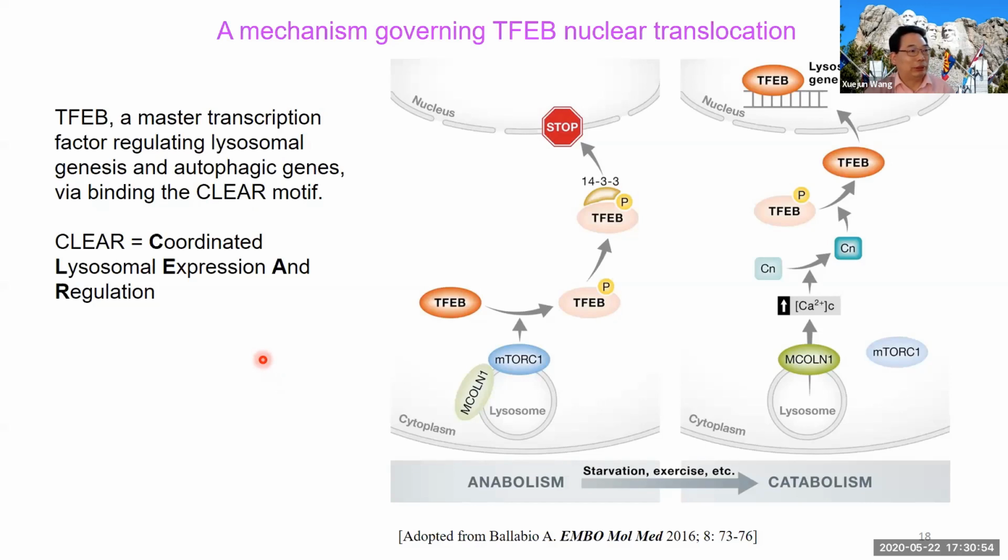Other genes have been added, but primarily TFEB is a transcription factor that can stimulate or activate the transcription of a network of genes. The network is called the CLEAR network, and this includes all the essential lysosomal genesis genes, as well as many autophagic genes.